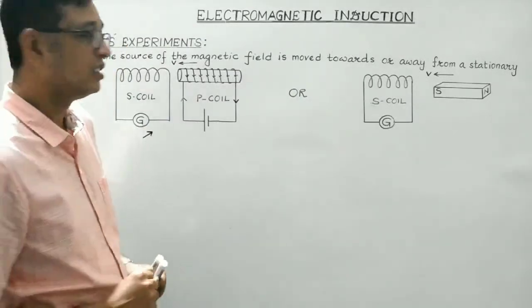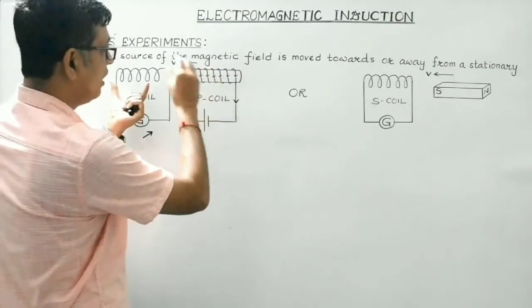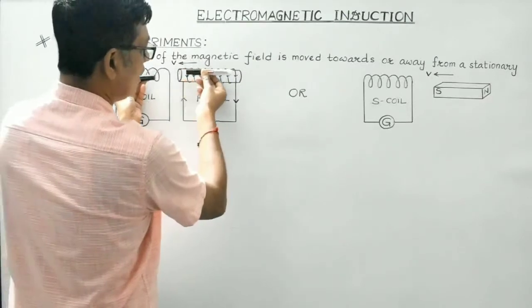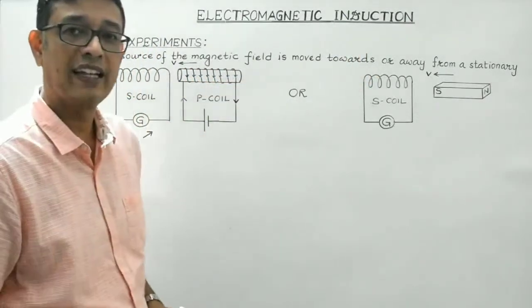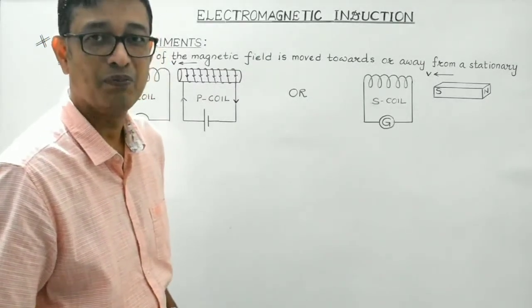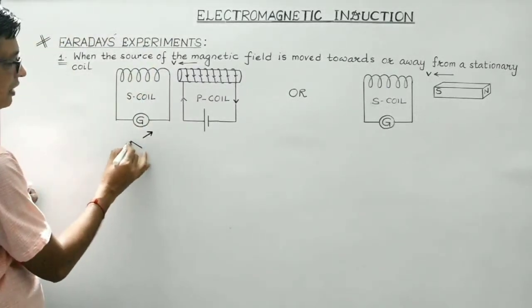Second, what he observed was when he moved the P coil away from the S coil, then also he found the galvanometer in the S coil to give some deflection, but this time in the opposite direction, say towards left.